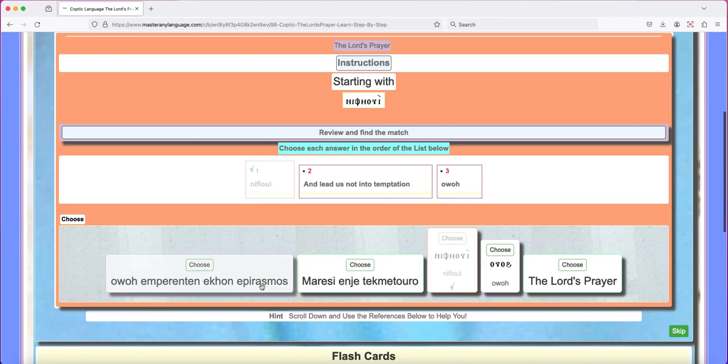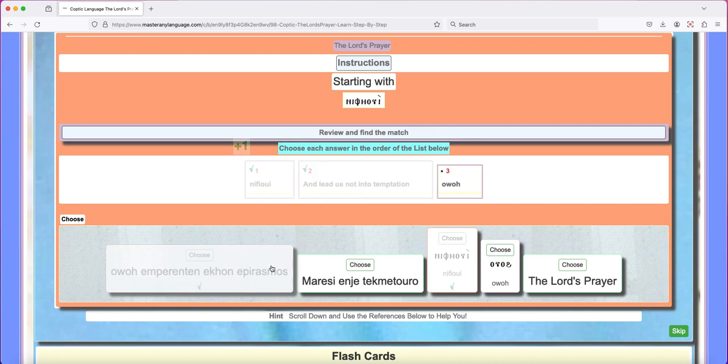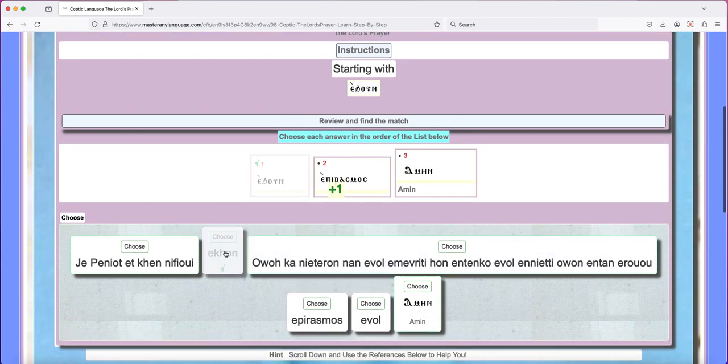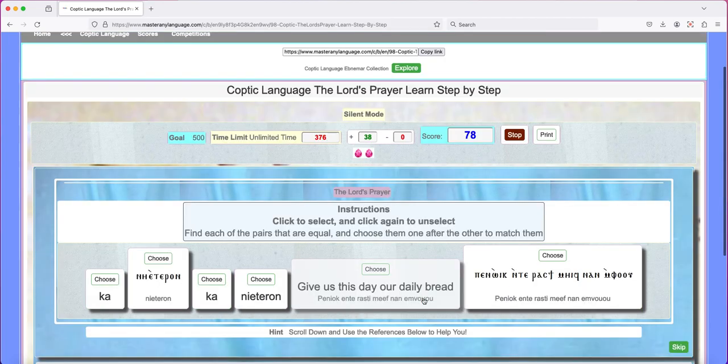I remember epirasmos. I don't know which word really means temptation yet. The owo must be and. Owo perenten echon epirasmos. Owo and echon epirasmos.